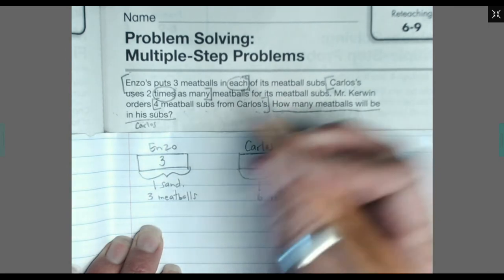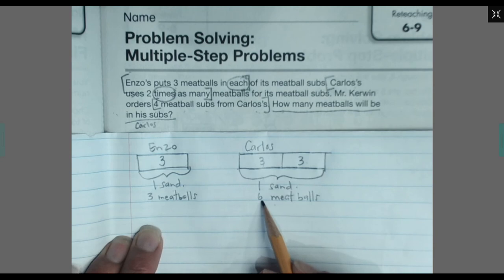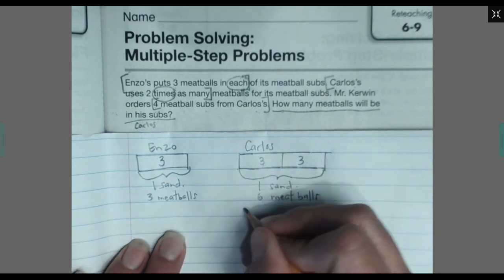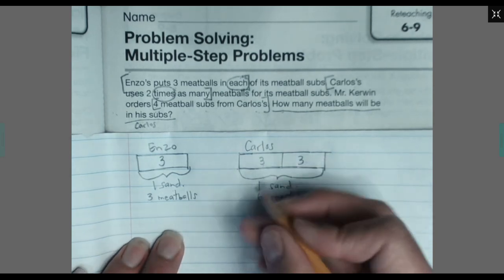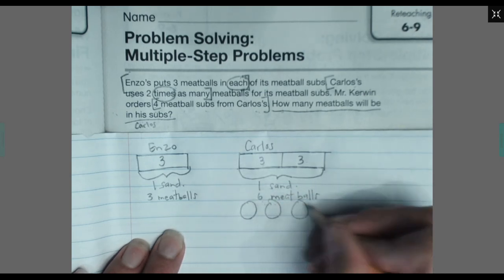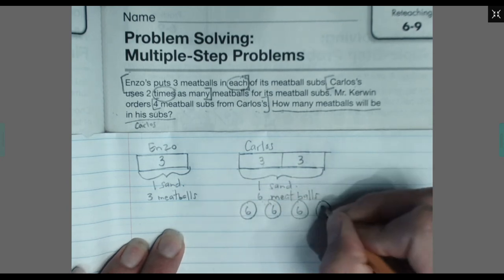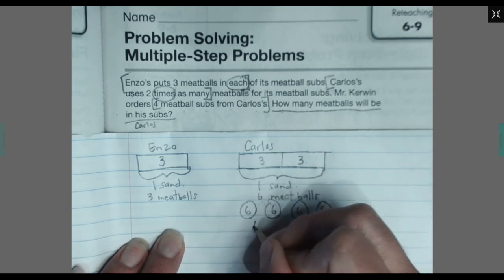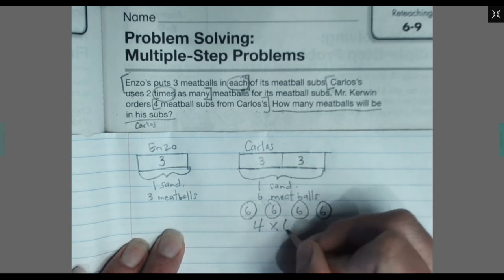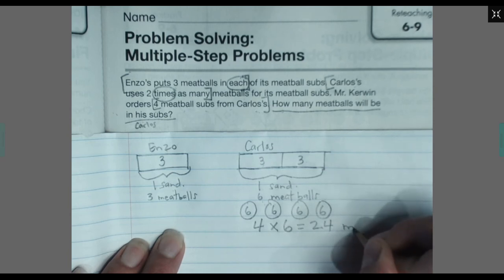So he has 4 groups, and each of them has 6 in them. So we can do it as equal groups. 1, 2, 3, 4. It's 4 sandwiches, each with 6, which would be 4 groups of 6, which is 24 meatballs.